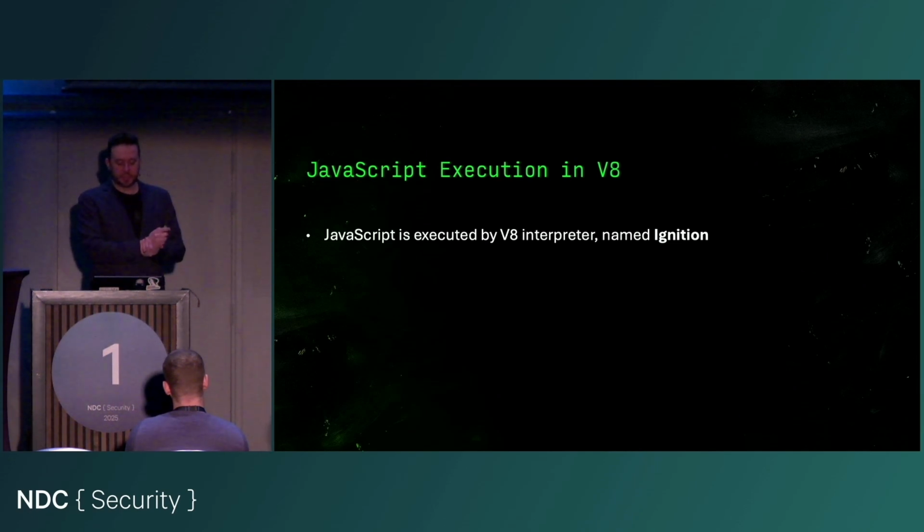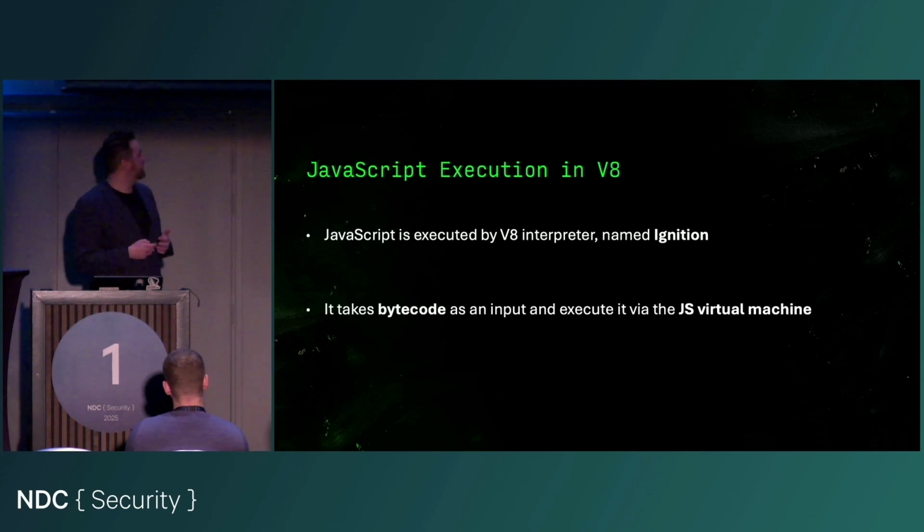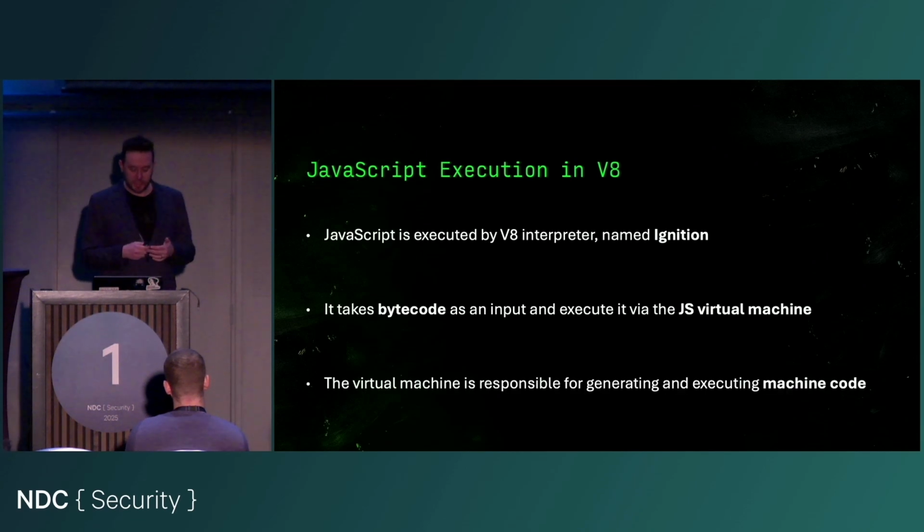We execute JavaScript here, and what the interpreter does is take bytecode as an input and execute it via the JavaScript virtual machine. And the virtual machine is responsible for generating and executing machine code, right?